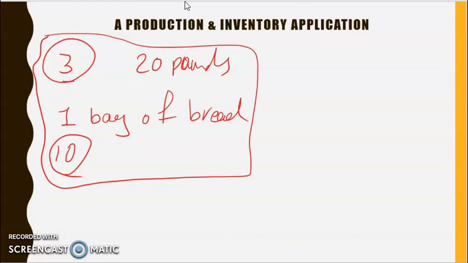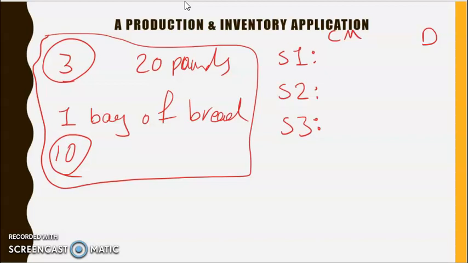Now, about production and inventory application, what's the case here? Imagine we have 3 seasons: Season 1, Season 2, and Season 3. In these 3 seasons, we have a demand, and also we have cost of material.